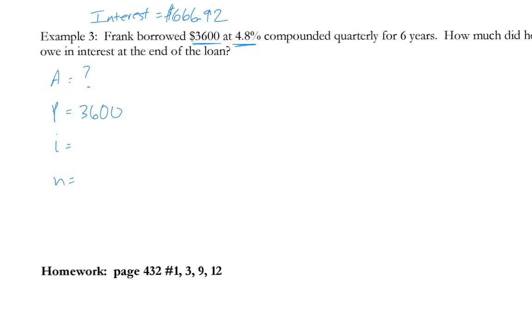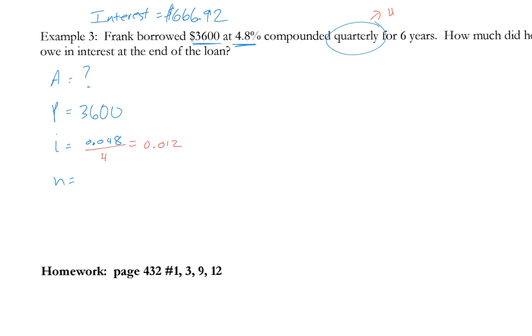So remember, 4.8% is 0.048, but then we're compounding quarterly. So remember, quarterly means the number of times it happens in a year is 4 times a year. So we're going to divide 0.048 by 4, which gives us a final answer of 0.012.